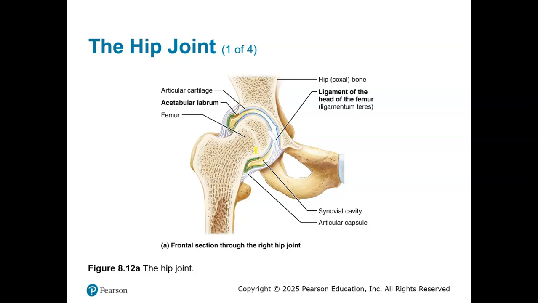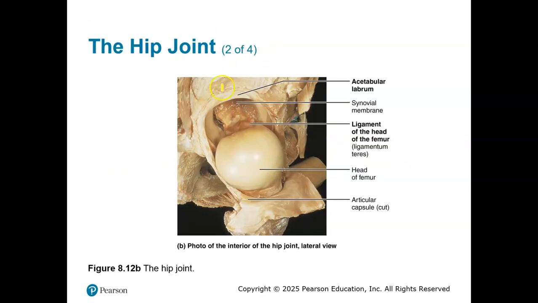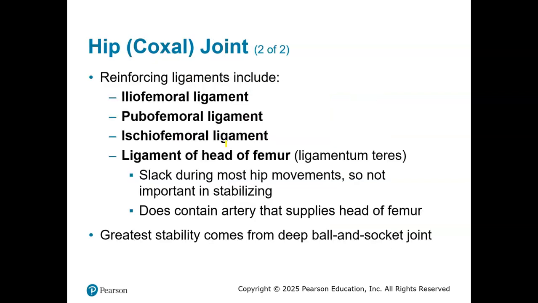It's actually part of the ilium, ischium, and pubis, but it has a raised area, like a lip. It's called the acetabular labrum, and you can see it here. By having that raised area outside of that cavity, it makes the socket even deeper, so it makes the hip joint even more stable.